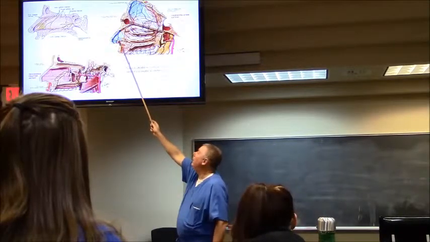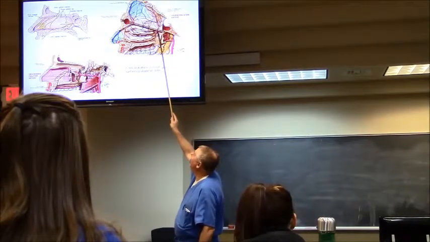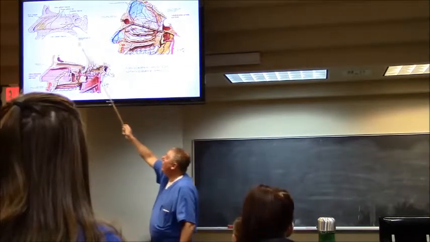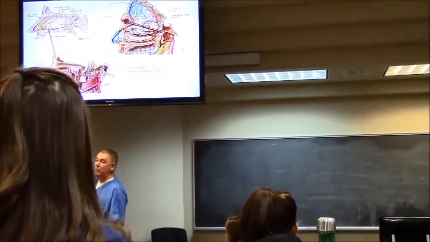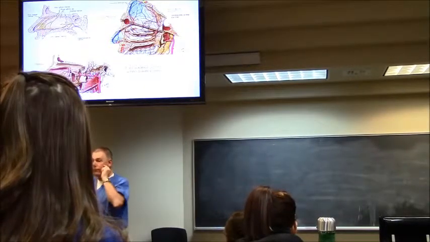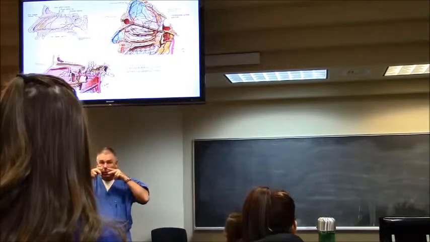Okay, so the artery and the nerve travel both on the lateral wall and on the medial wall, because this is the septum, towards the front of the nose, supplying it along the way.